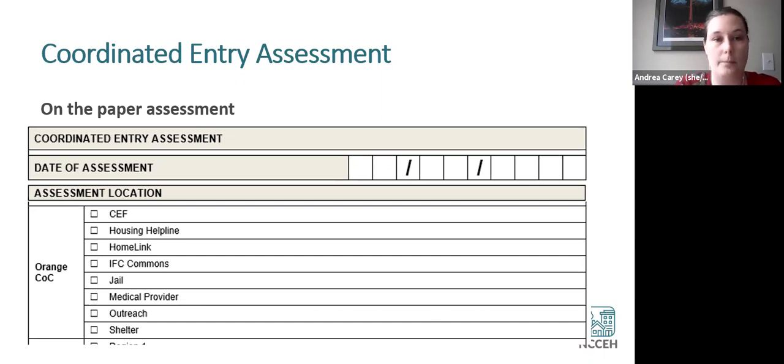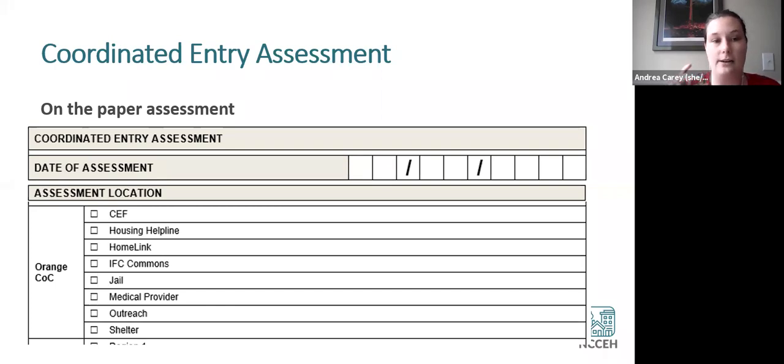So on our paper assessment, you don't have to use paper assessments, but this is a good way to show you how to fill this out. What you'll see first is the date of the assessment. So that will likely be the same date as either project start or your update, your interim or annual. And so you're just going to include that same date there.